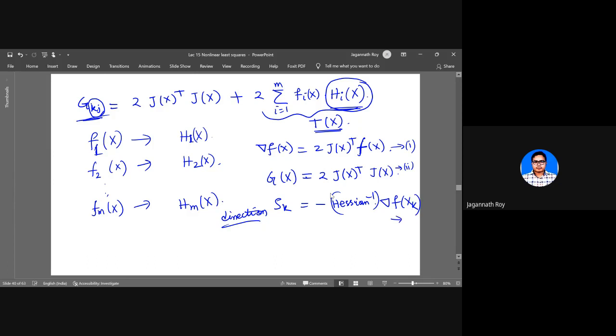So this is equation 3. So g of x is actually 2 times J transpose J plus 2 times t of x, from here.